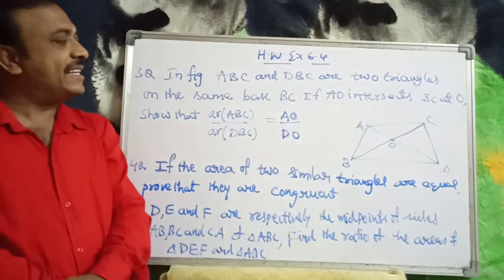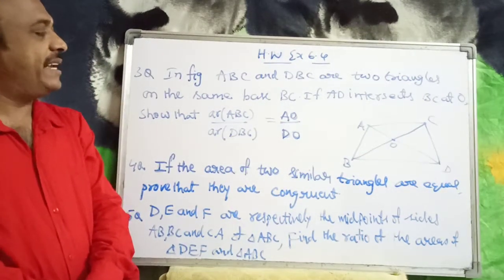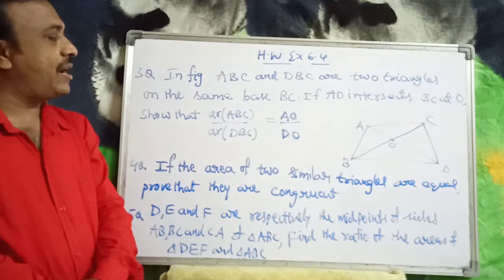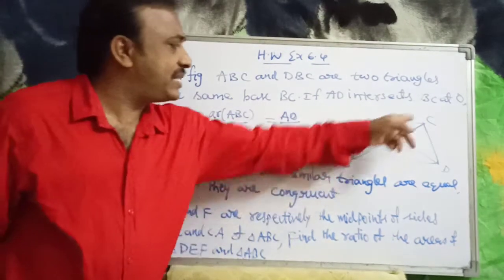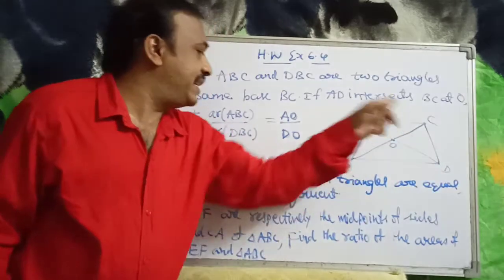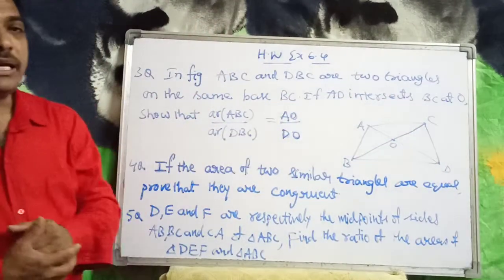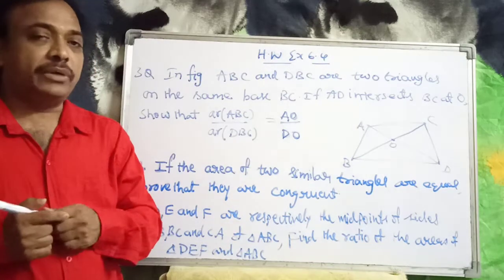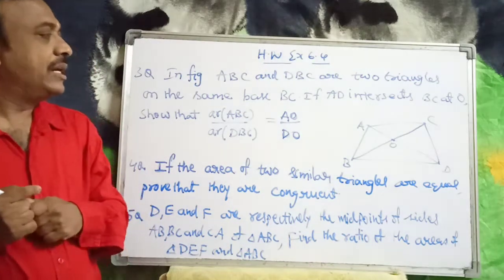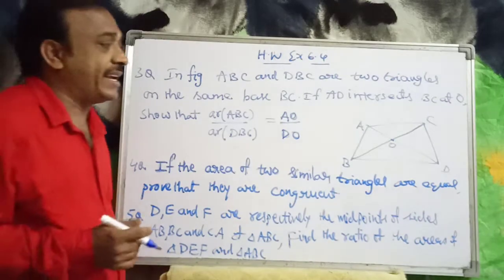If AD intersects BC at O, then show that area of ABC by area of DBC is equal to AO by DO. To prove this, we have to use some construction, draw the perpendiculars like altitudes.